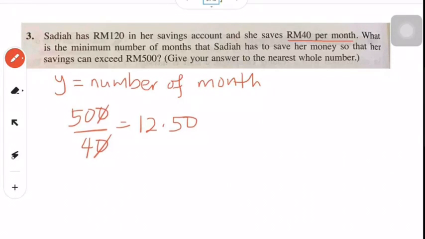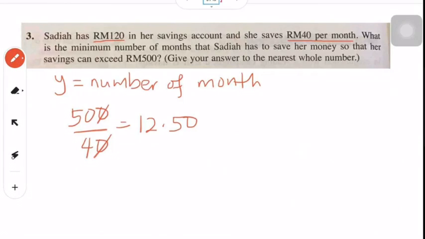When do we use the 120? Minus. Okay, now how to use that 120? She already has that 120 in her account, and she wants to make it more than 500.